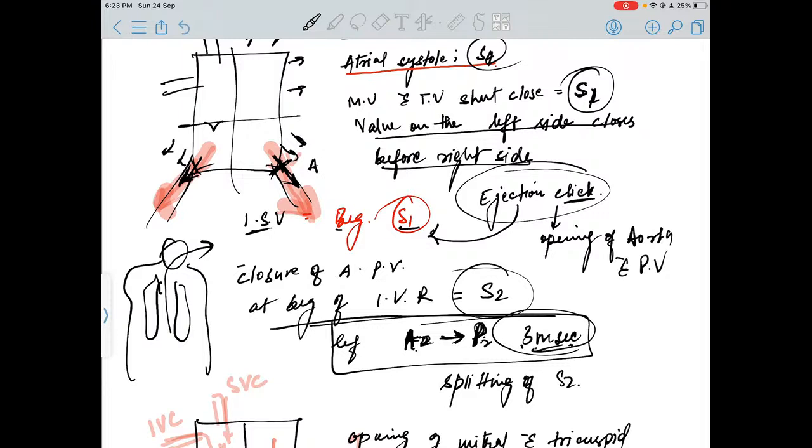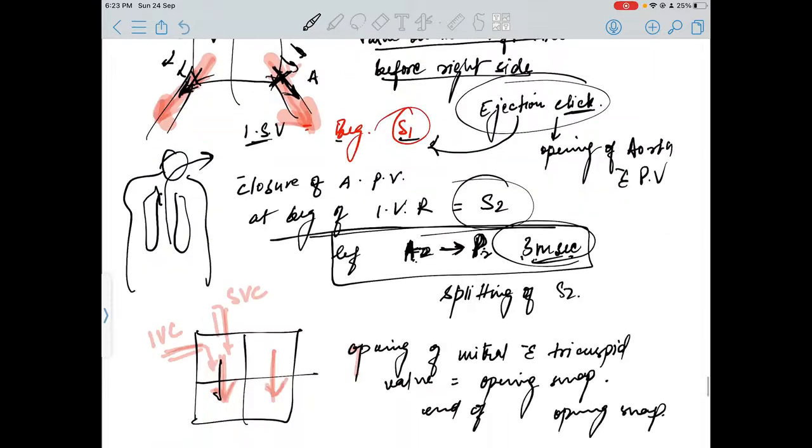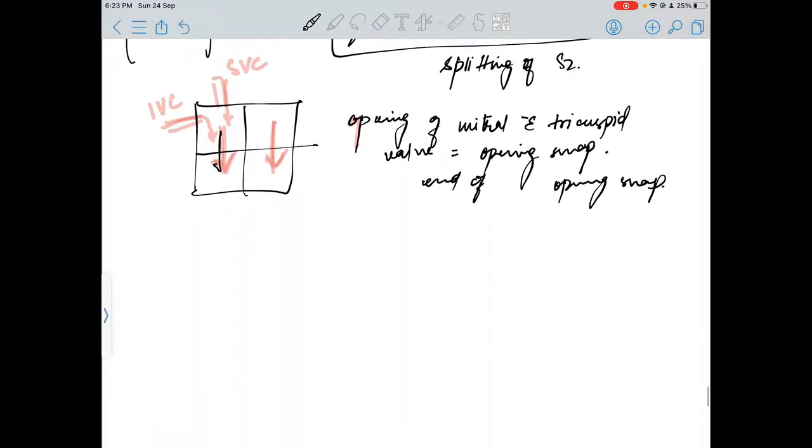Right? The S2 sound comes at the beginning of the isovolumetric relaxation, and because of the rapid filling of the ventricle, the S3 sound comes, and free fall into the ventricles is diastasis.